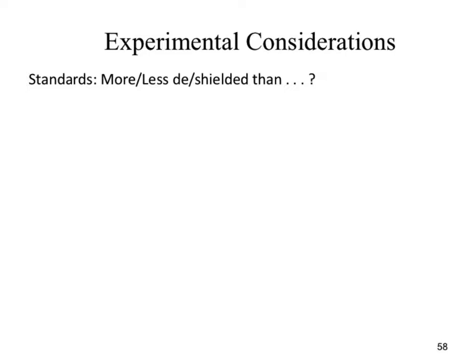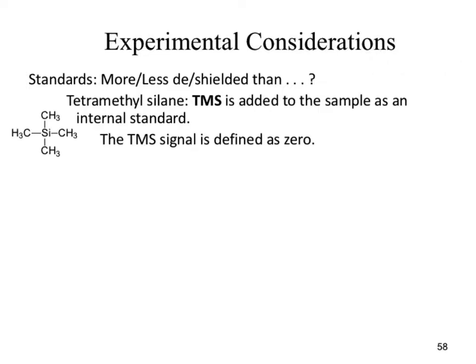So every NMR sample has a standard added to it. That standard is typically TMS. It's tetramethylsilane. Okay? That is then set to be the 0 value on your NMR. Okay? So you may see a peak at 0 in some of your spectra. That is TMS. That's not your compound. That's the standard.